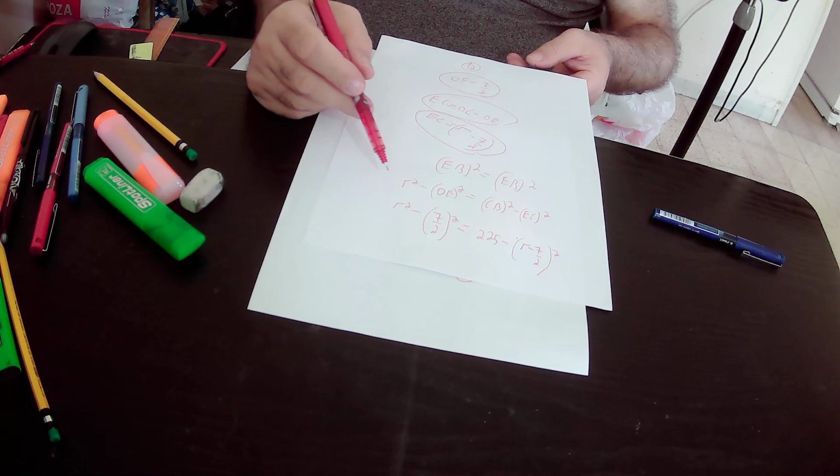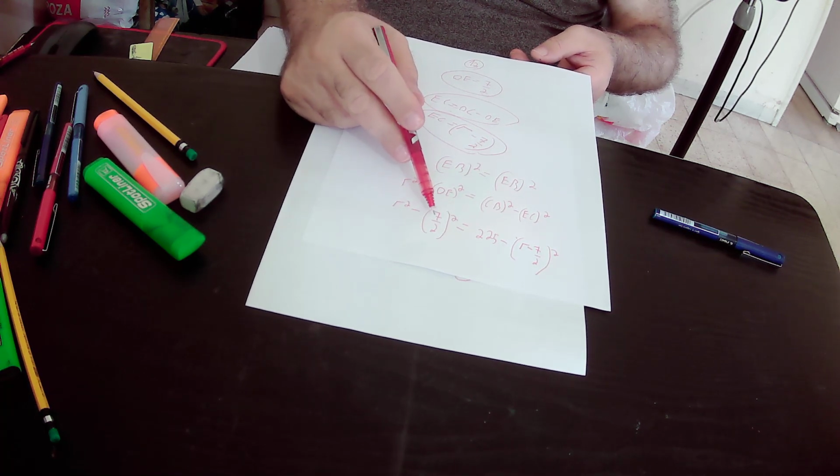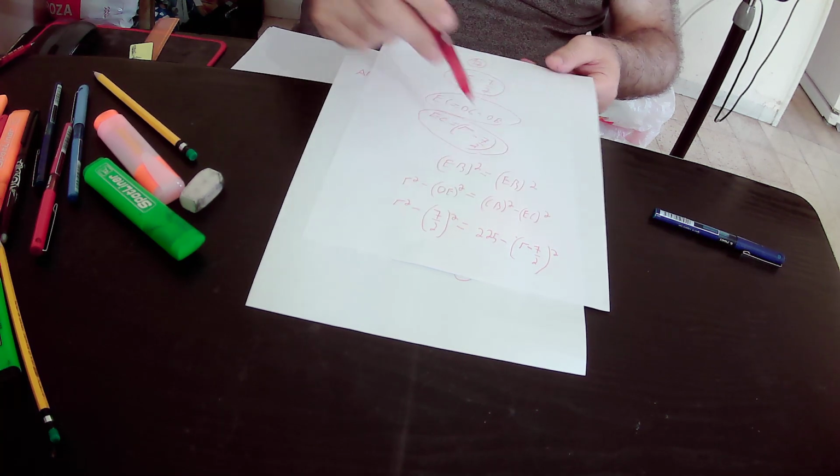Okay, so 7 over 2 square is 49 over 4, and here we will open the brackets.